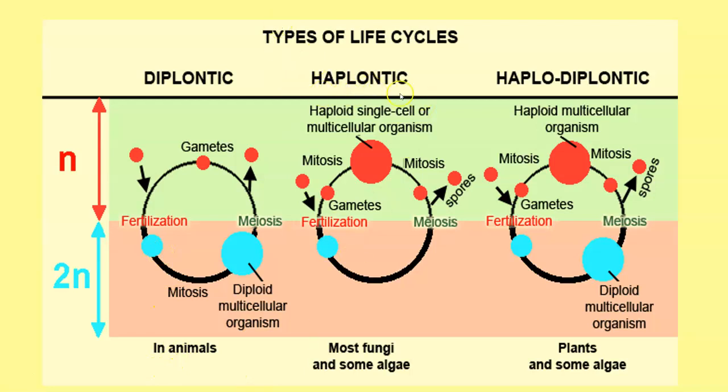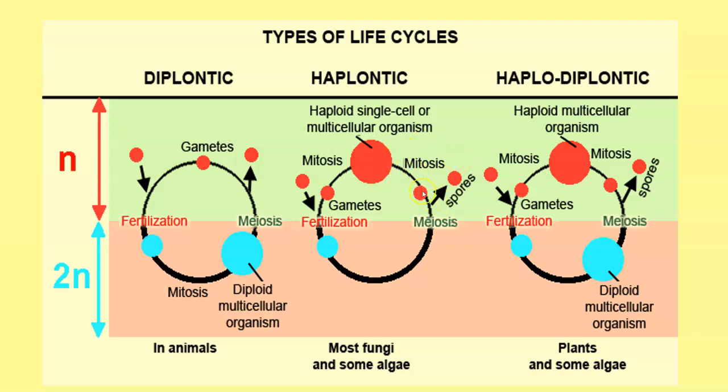Then we have another type of life cycle, which is called haplontic. Now, in this haplontic life cycle, mitosis occurs in the haploid single cell or a multicellular organism. It results in the formation of a single haploid cell or a multicellular haploid organism. These forms produce the gametes through mitosis. Now, since they are haploid, they are n in number, they produce their gametes through mitosis.